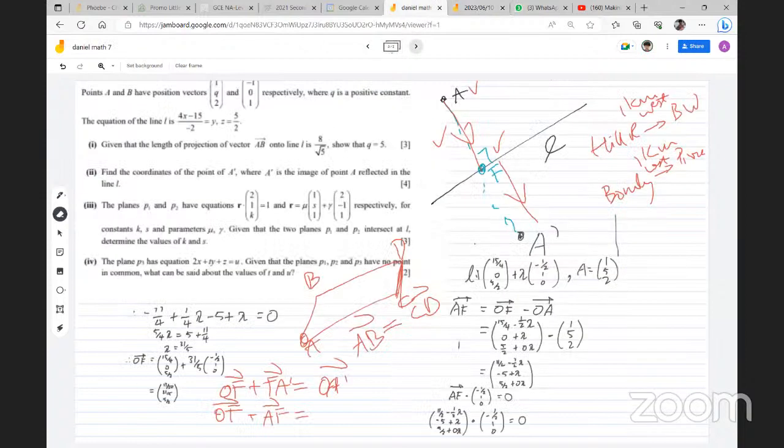Daniel, would you grant that AB equals CD, even though A is not equal to C and B is not equal to D? Would you grant that? If you grant that, then you could grant one of the easier ways to do this question. A to F is equal to F to A prime. We exploit that.